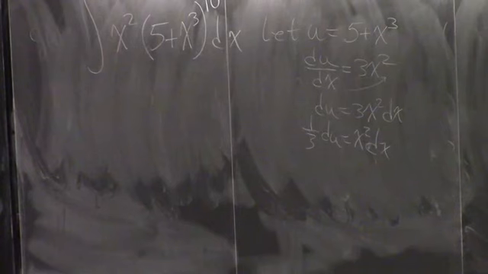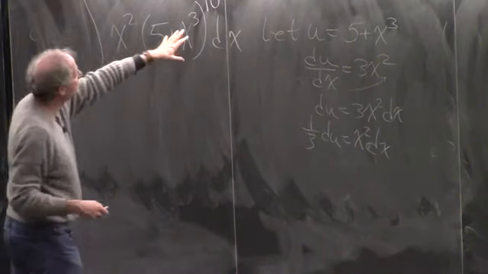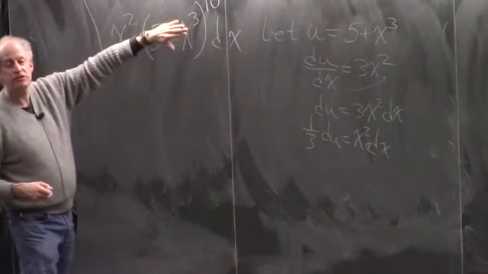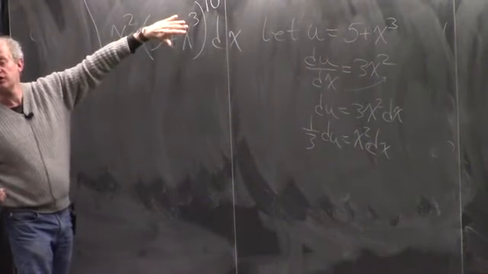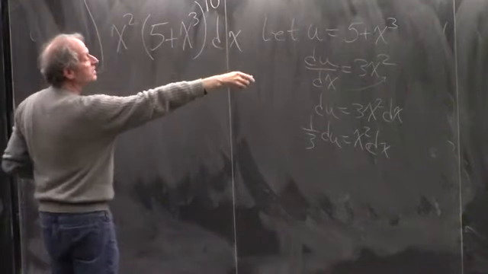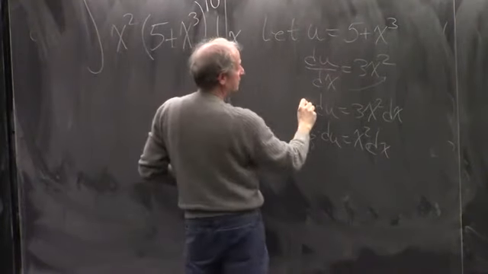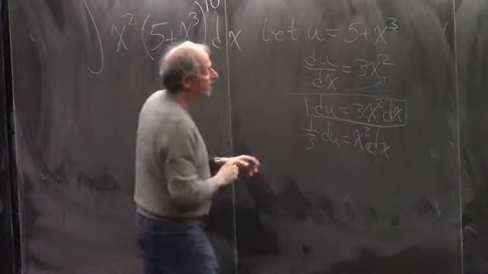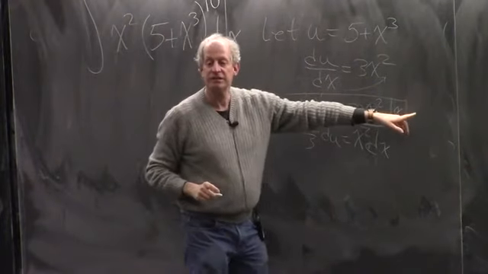So far so good? Why take out the 1/3? I look at this integral and I say, I'm going to substitute things. I have 5 plus x cubed. If I let this be u, this would just be the integral of u to the 10th, which is trivial. But I'm stuck with an x squared and a dx. So I take the derivative and I've got 3x squared dx.